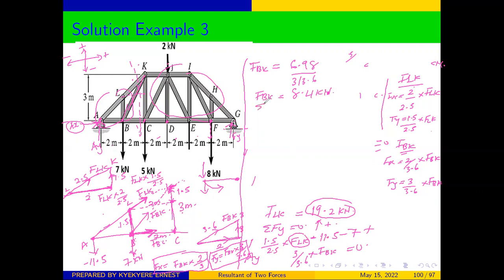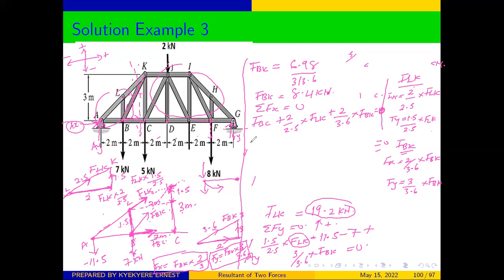And from here we can write sum of Fx is equal to 0. For Fx equal to 0, we have FBC, the X component, this force which was down here, plus the X components of the other two forces, 2 over 2.5 times FLK plus 2 over 3.6 times FBK, is equal to 0.